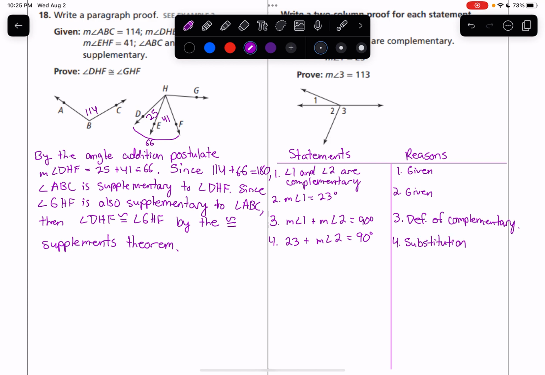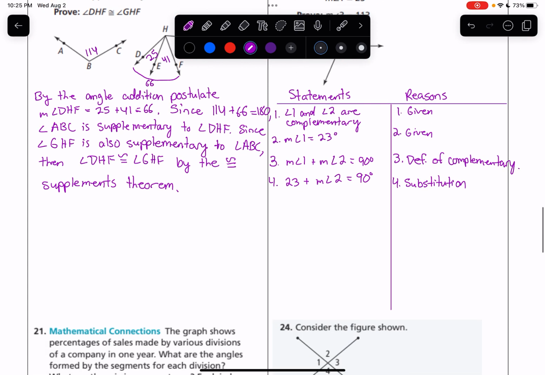All right, so then let's keep going. We can say step 5. I have an equation where I can subtract 23 from both sides. And if I subtract 23 from both sides, I'm left with the measure of angle 2 equals 67 degrees, right? I know that by subtraction.